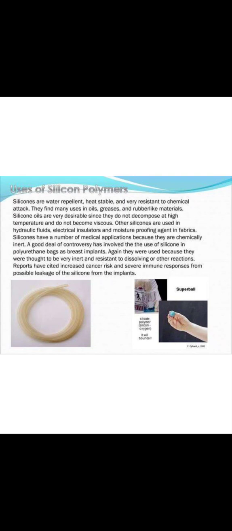Silicone oils are very desirable since they do not decompose at high temperature and do not become viscous. Other silicones are used in hydraulic fluids, electrical insulators, and moisture proofing agents in fabrics.